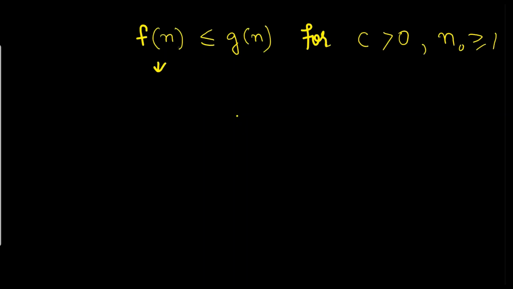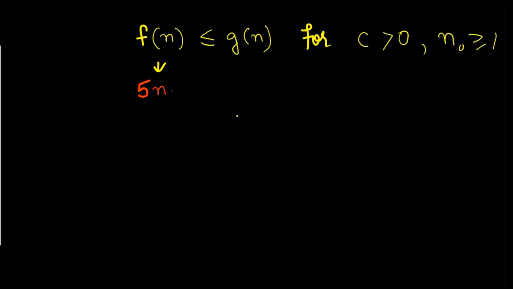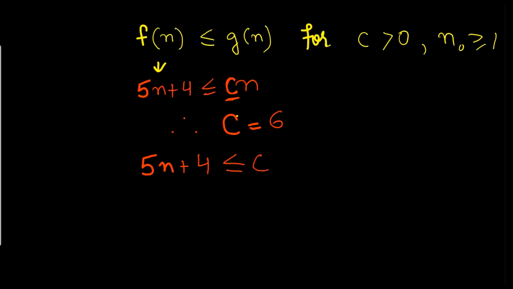So f(n) is 5n plus 4, and g(n) is n with c as a constant. Now for making this hold, I need to define this c. Let's take c equal to 6. So here I can write 5n plus 4 is less than or equal to 6n, if I take n greater than or equal to 4.